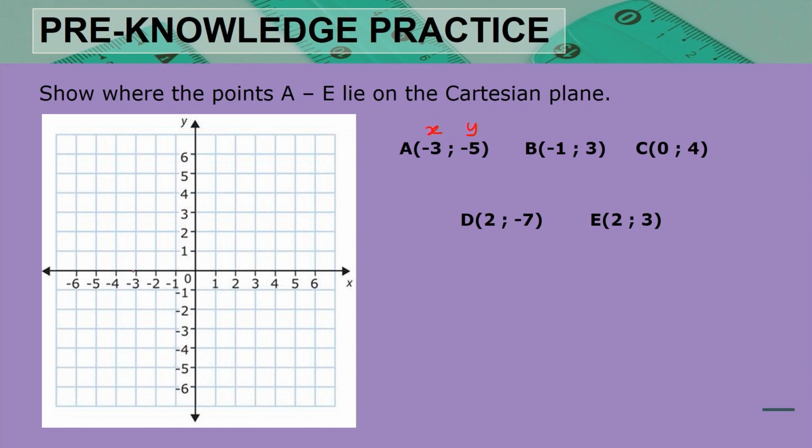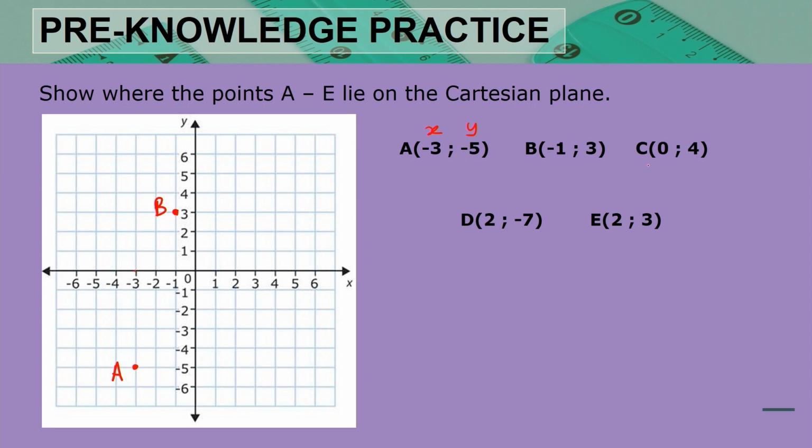So we go to -3 on the x-axis, and move down to -5 for the y value, and that will be our point A. We move on to point B, which is -1 and 3. So x is -1, then we move up to 3 for the y value, and that is our point B.